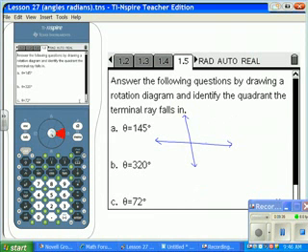So I'm going to start here. What quadrant is my terminal ray going to land in? Second quadrant, because we know once I hit here, that's 90, and then here is 180, so I know it's going to be somewhere in between. So quadrant 2. Quadrant 2 is what you should put in your calculator.